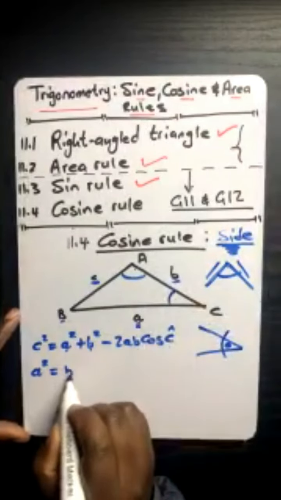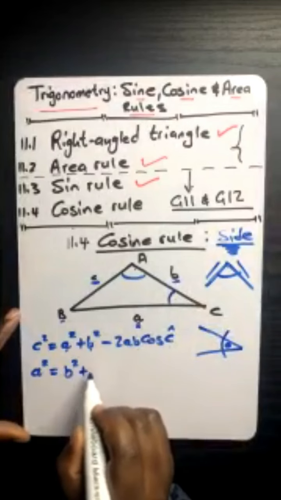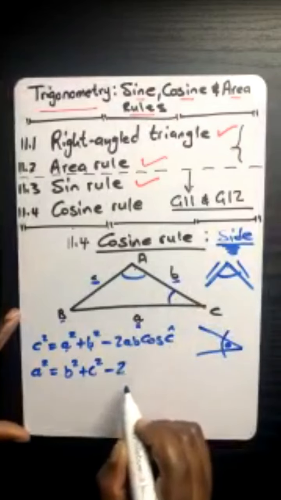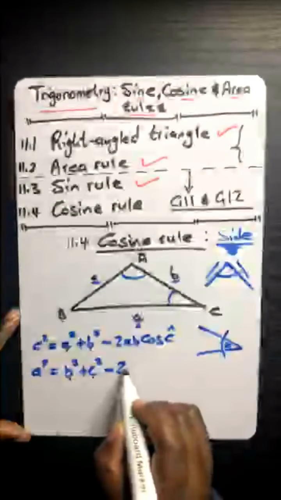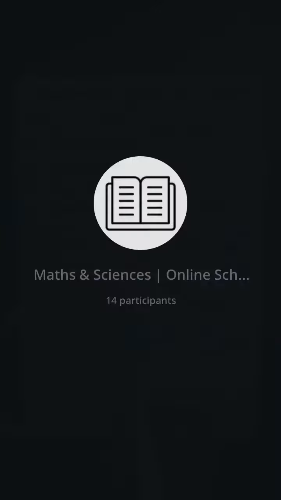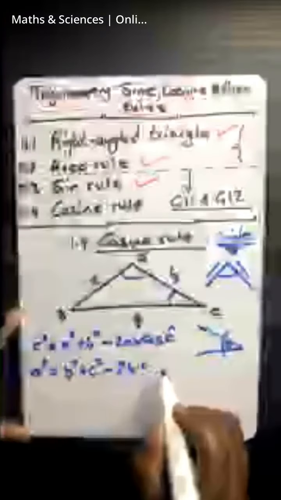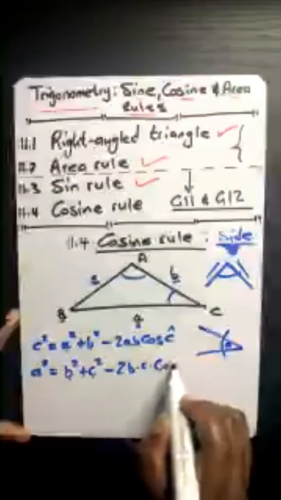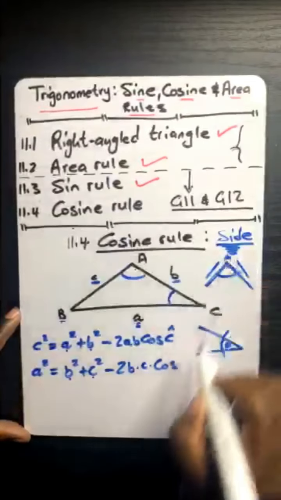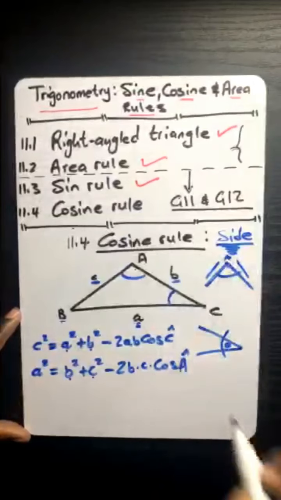B. So I'm going to have B squared plus C squared minus 2 times B times C, times, because it is the cosine rule, cos of that angle being angle A.